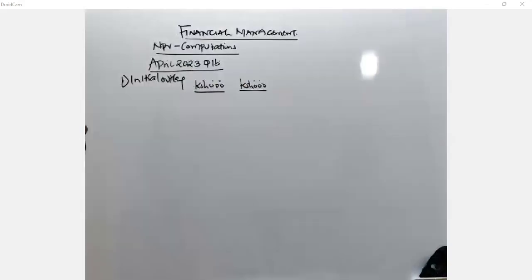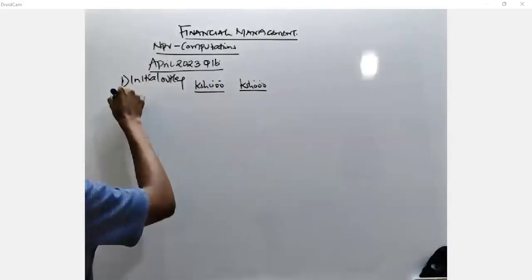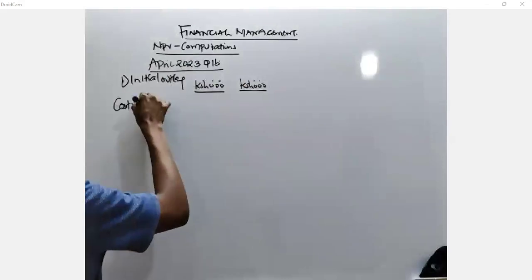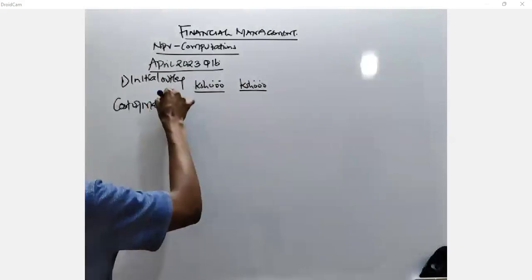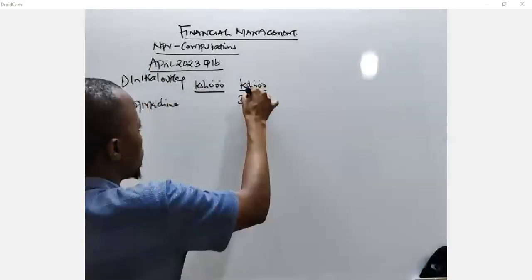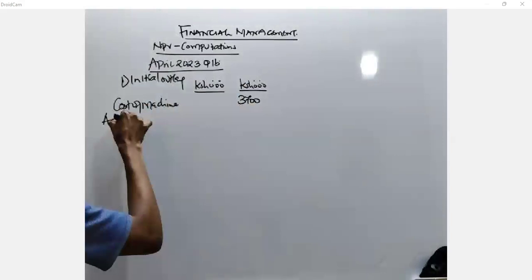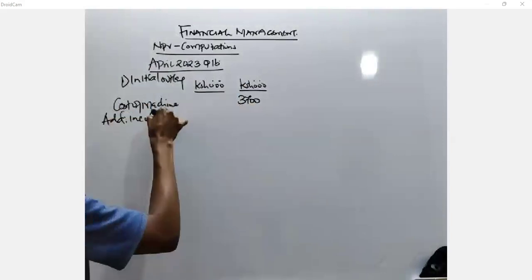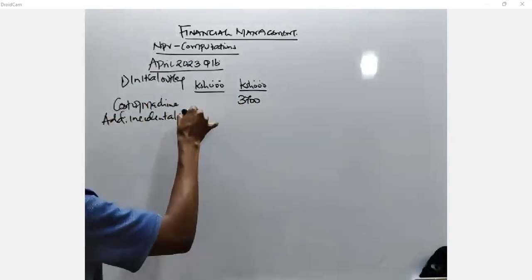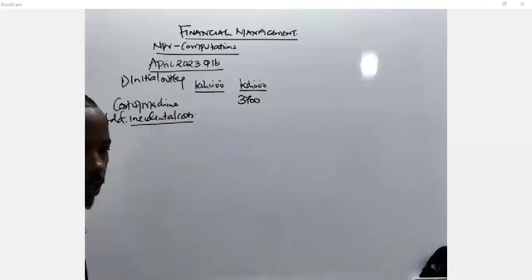So the cost of the machine is 3,700. Now, can we add the incidental costs? That is what is in note number 1.